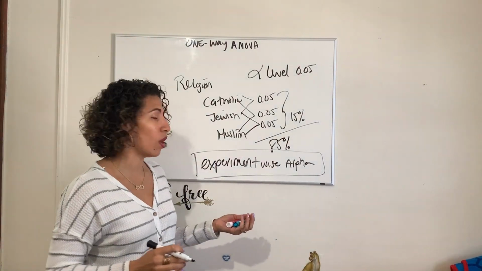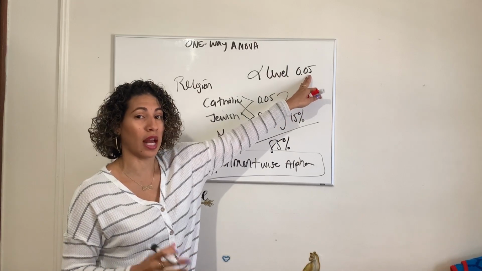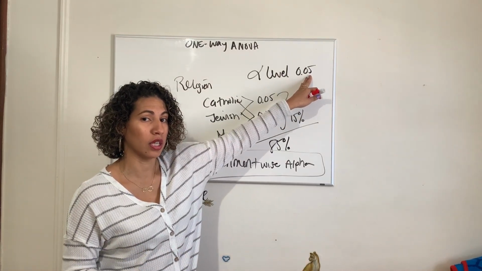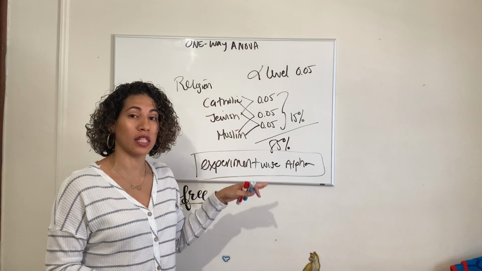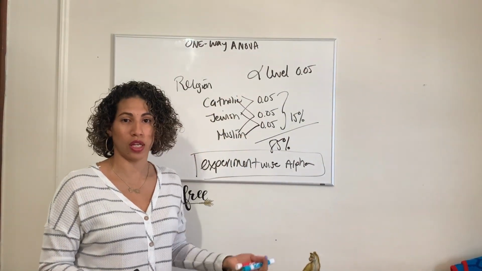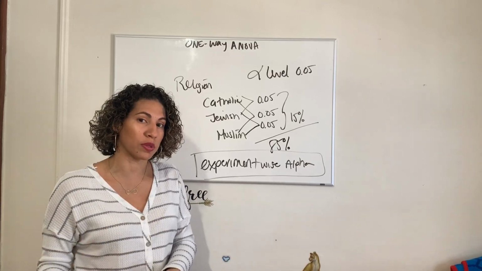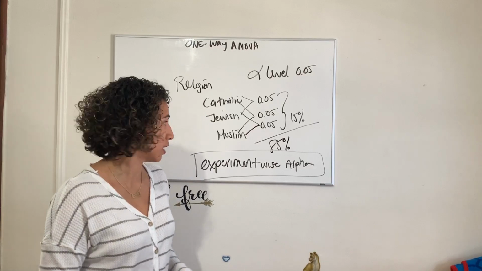So when you were testing, you wanted to make sure that your entire experiment, the whole model, stayed at this 5%, at this 95% level of accuracy. But when you ran three different t-tests to compare these three different religions, you lost 5% every single time you did it. So in other words, you realize I can't run t-tests to compare more than two groups. I have to now move on to another test.